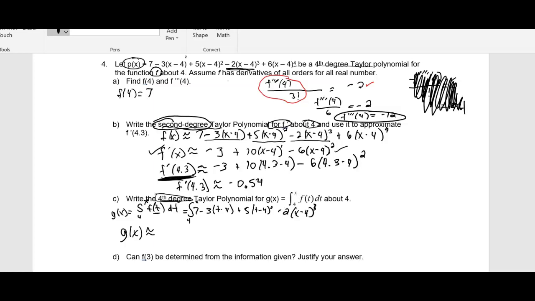Do your antiderivatives, so you would get 7t minus, and then the antiderivative of this has a power of 1, so the 3 would remain, and we would then get t minus 4 to the second power divided by 2. Plus the antiderivative of this one, drop your 5, and we would get t minus 4 cubed divided by 3, minus 2 times t minus 4 to the fourth power divided by 4. And then we have to evaluate that from 4 to x because it was a definite integral.